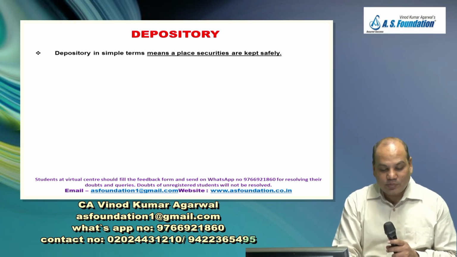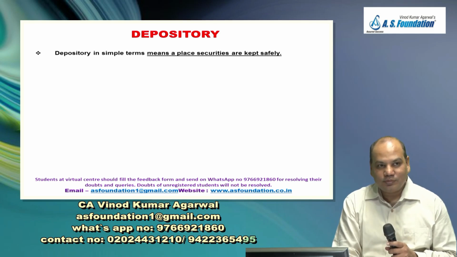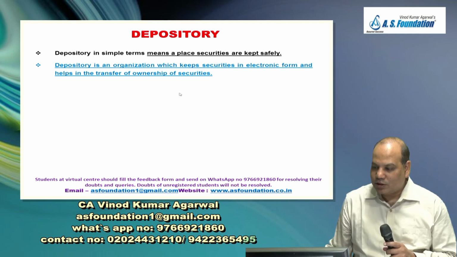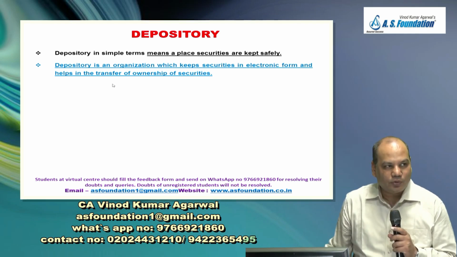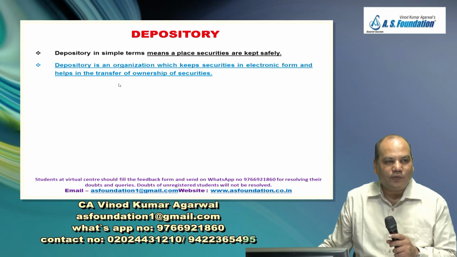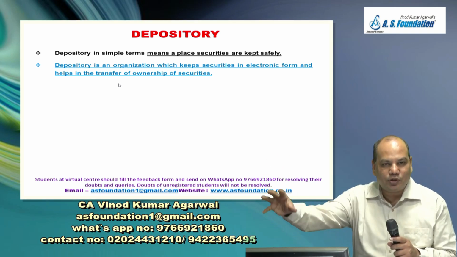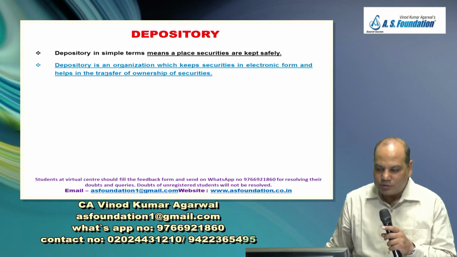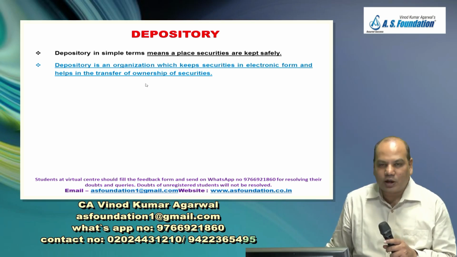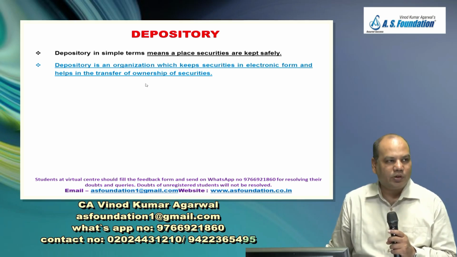But in our syllabus, depository would mean the institution where the securities are kept in an electronic form. That means instead of keeping the physical share certificate or physical debenture certificate, you can keep it in electronic form, and then it is kept with an institution called depository. So depository is an organization which keeps securities in electronic form and helps in the transfer of ownership of securities.